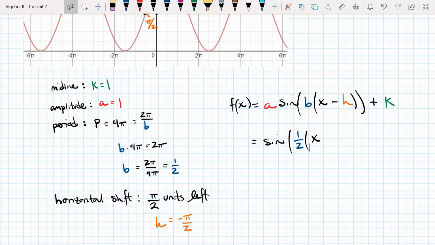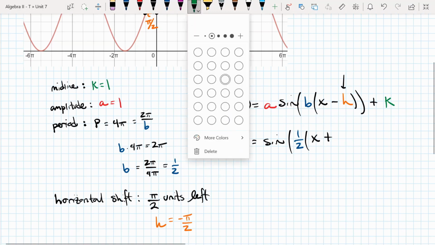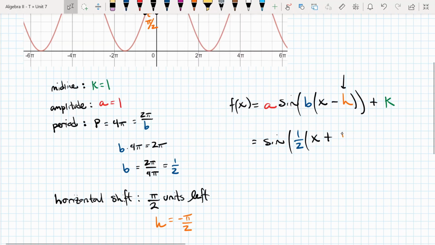We're plugging in negative pi over 2 here, and so we're subtracting negative pi over 2, which means there's a plus here. So this is plus pi over 2, which is an indication that we're going to the left. There's a 1 here on the outside too, and then lastly we just have a plus 1 on the outside.